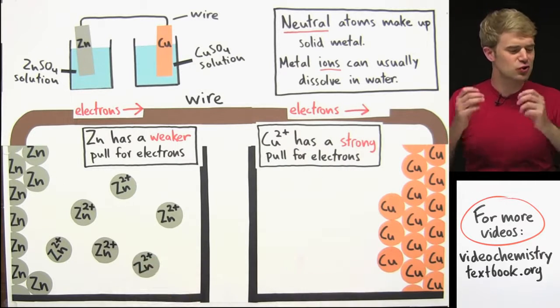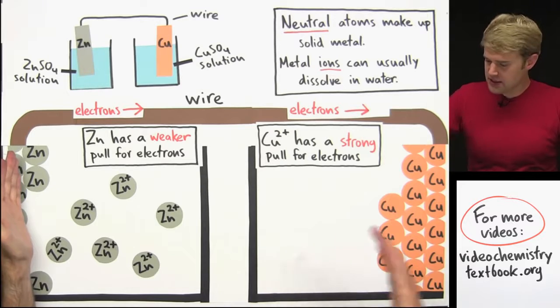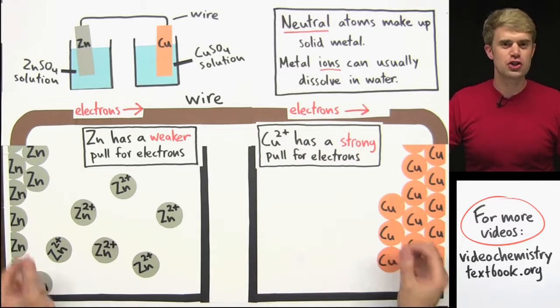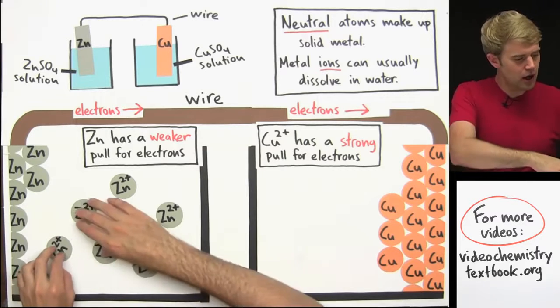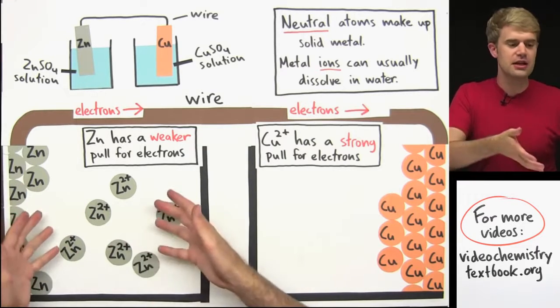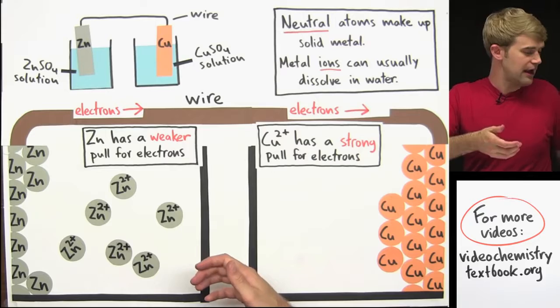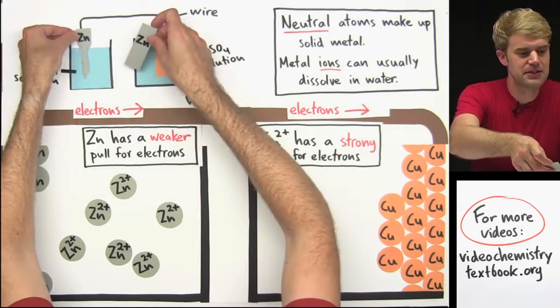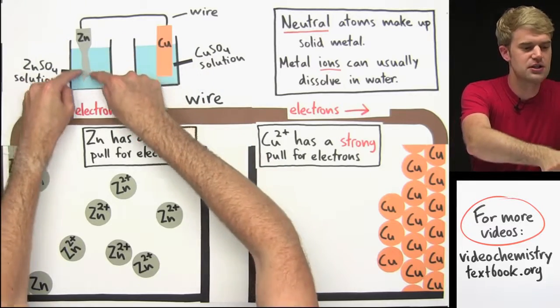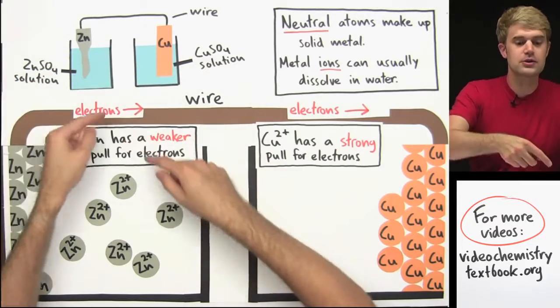And if this happens long enough, we actually see these 2 pieces of metal change, right? These zinc atoms keep coming off of this piece of zinc, so it's essentially dissolving. Over time, this piece of zinc gets smaller and smaller.